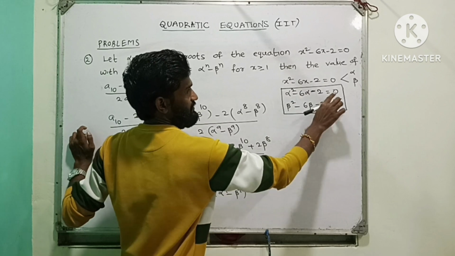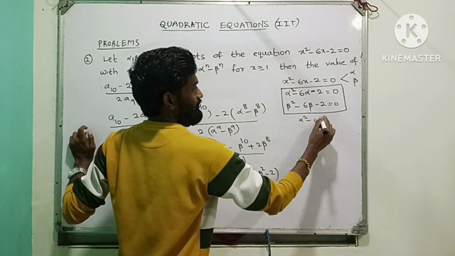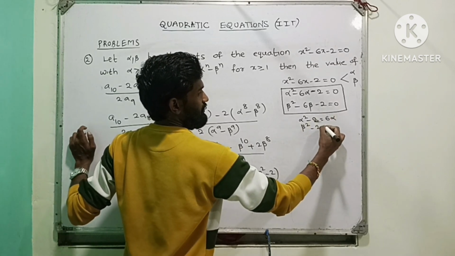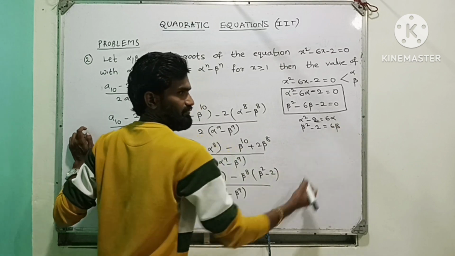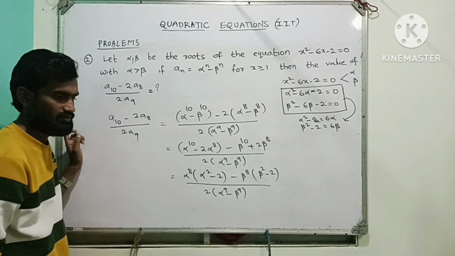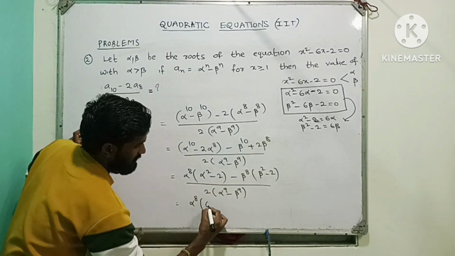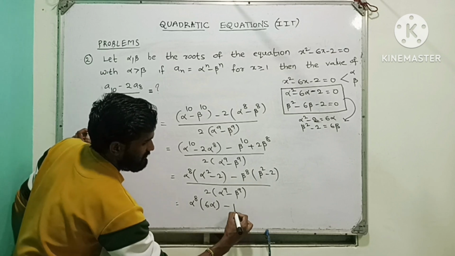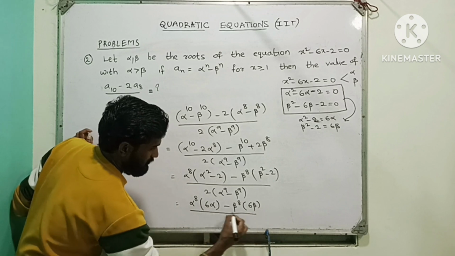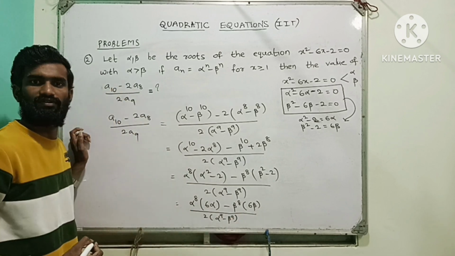We can write it as 6 alpha. Alpha square minus 2 is nothing but 6 alpha, and beta square minus 2 is nothing but 6 beta. Now we can substitute here, which is nothing but alpha power 8 into 6 alpha minus beta power 8 into 6 beta, by 2 into (alpha power 9 minus beta power 9).